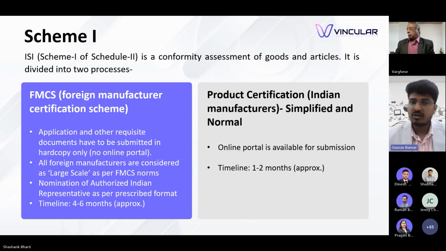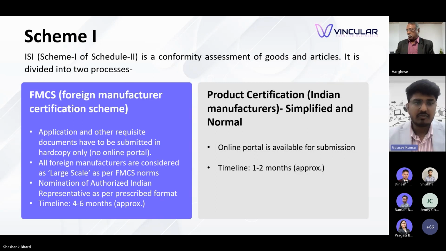Then it can go with a normal process where we can have an additional 1 month to get the certification done. So in a nutshell, in simplified, from the day of filing the application, 30 days is the commitment from the Bureau. In the normal process, it can be 60 days, considering the complex nature of products, and if it is the All India first license. And for that, we have an online portal where the applicant can file the submission.